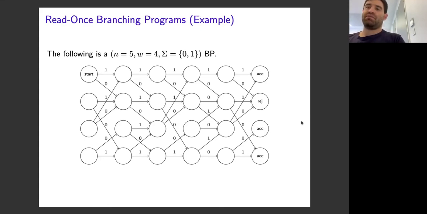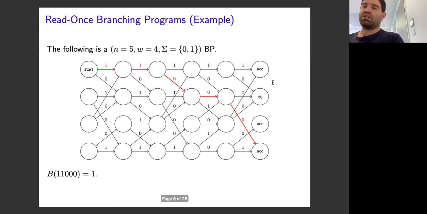You can see that every vertex has outgoing edges labeled by a distinct symbol from Σ. Here, Σ is the binary alphabet. And also there is a start vertex at the first layer, and each vertex on the last layer is either labeled with accept or reject.